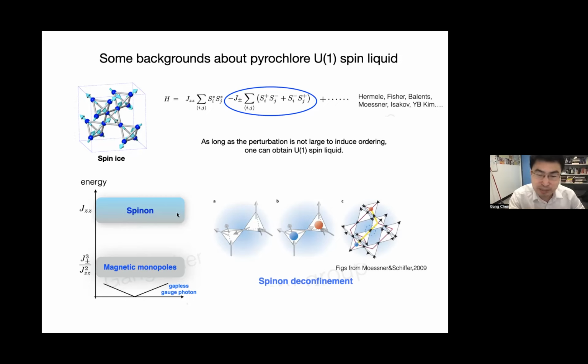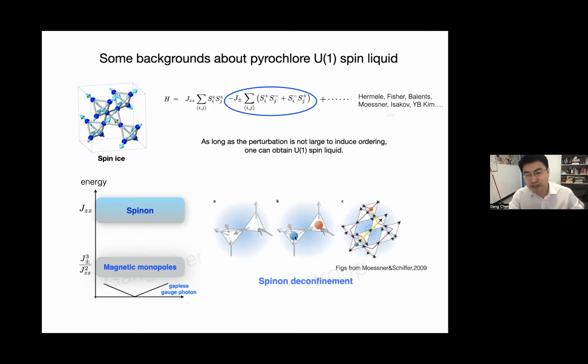These spinons are so-called topological defects of the spin-ice configurations that violate the spin-ice rules. Essentially, if you break these spinons apart and separate them to arbitrary distances, they only cost finite energy, and spinons are deconfined.